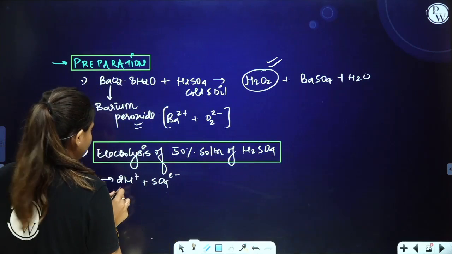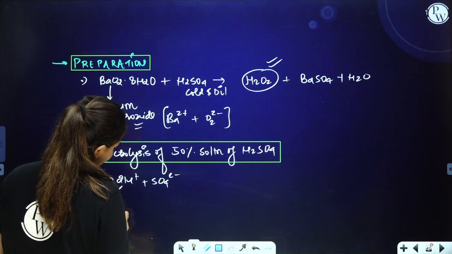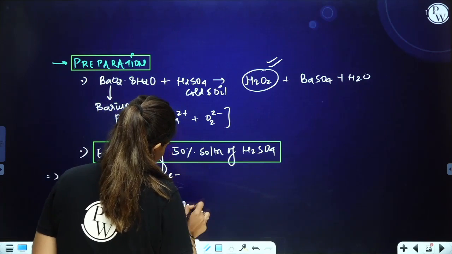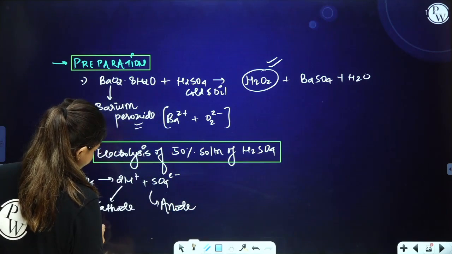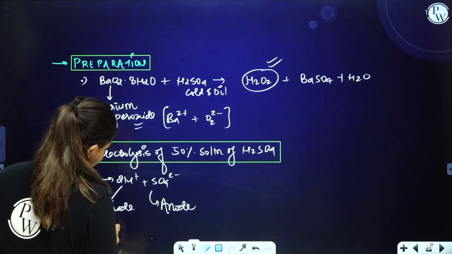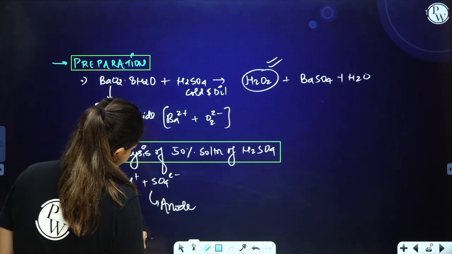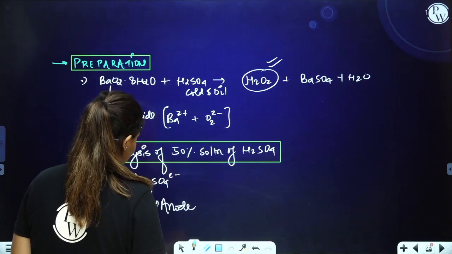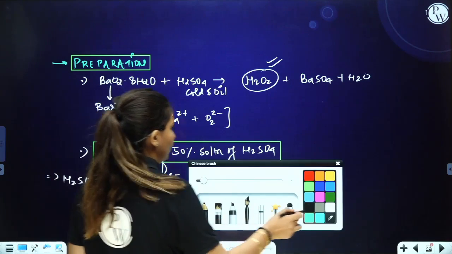They will move towards their respective electrodes. H positive will move towards the cathode and sulfate will move towards the anode. Cathode will have H positive accepting 2 electrons to give you what? The hydrogen gas. The cathode will have the evolution of hydrogen gas.